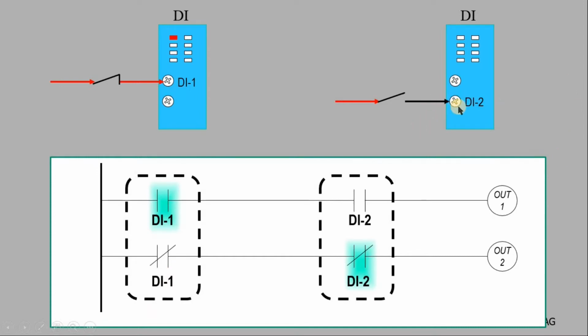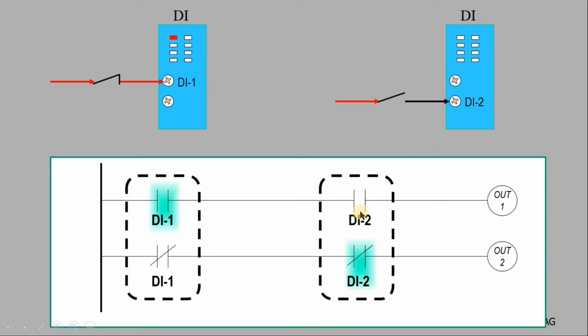Now, if you have a digital input which doesn't have any power in it, so it is off, the LED is off on the card, that means the normally open contact represented on the ladder logic is false in this case, and the normally closed contact for this input is true.